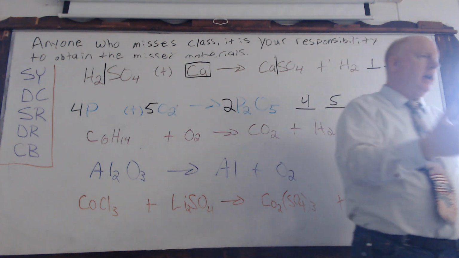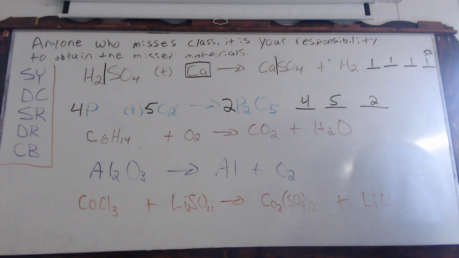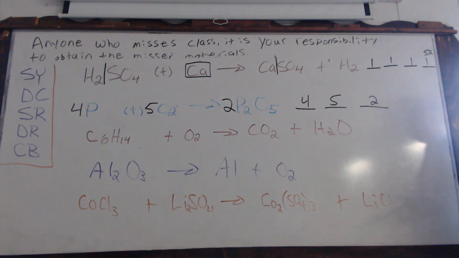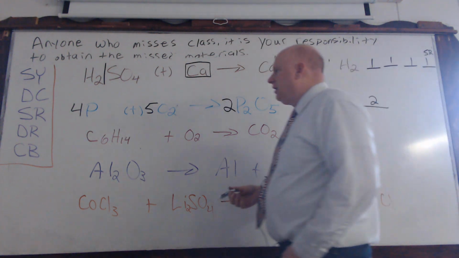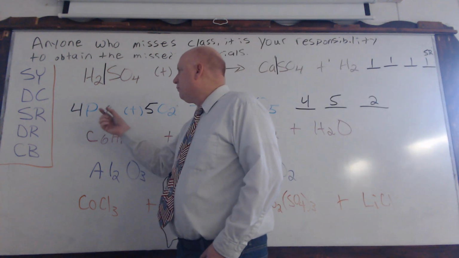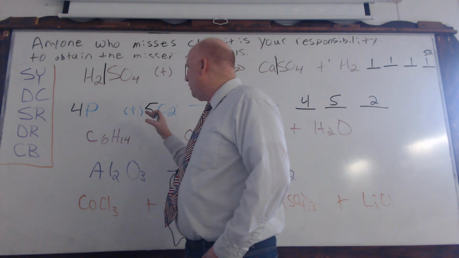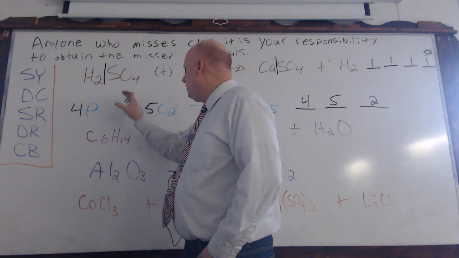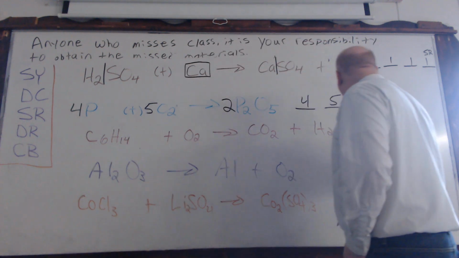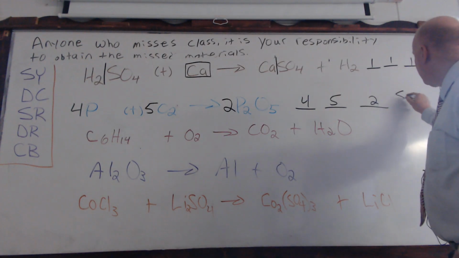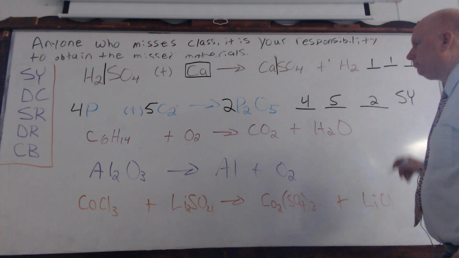When that happens, nothing's being replaced, nothing got broken down. We're not burning anything because phosphorus really isn't a combustible material, I believe. So then taking these and making something is a synthesis reaction, or SY.